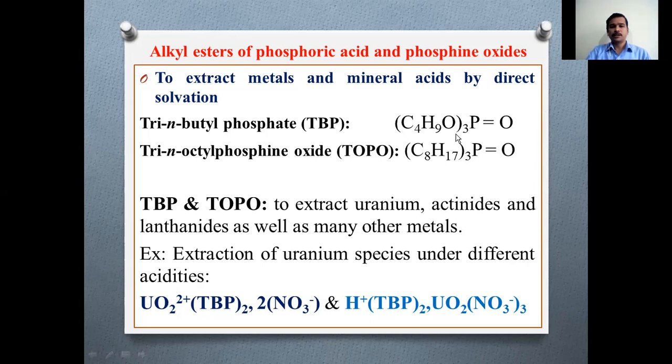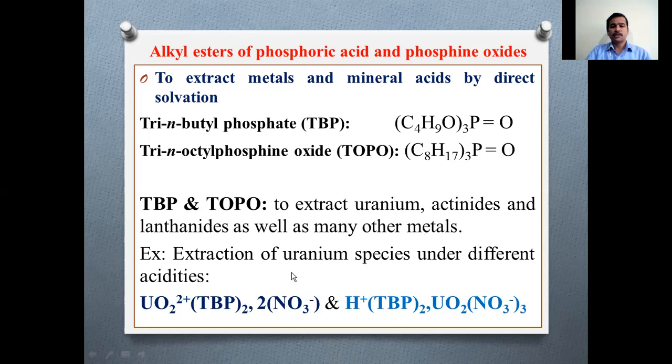These reagents are used to extract metals and mineral acids by direct solvation. They themselves act as solvents here. The metal you want to extract undergoes solvation when you treat it with these solvents. So these are used to extract uranium, actinides, and lanthanides. Many other metals can also be extracted using tri-N-butyl phosphate or tri-N-octyl phosphine oxide. I will show you the structure in the forthcoming slide.